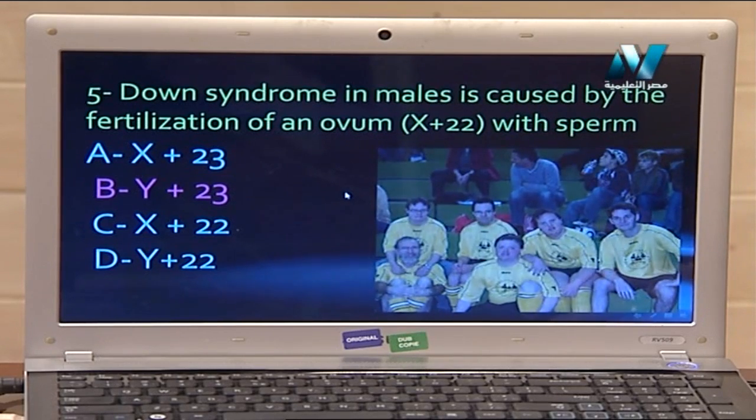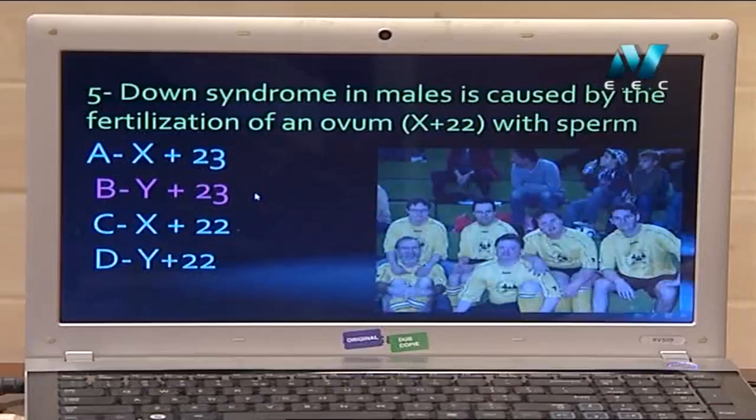This 45 is abnormal because the normal number of autosomes must be 44. The total number of chromosomes here will be 47. This is abnormal because the normal number of chromosomes is 46.